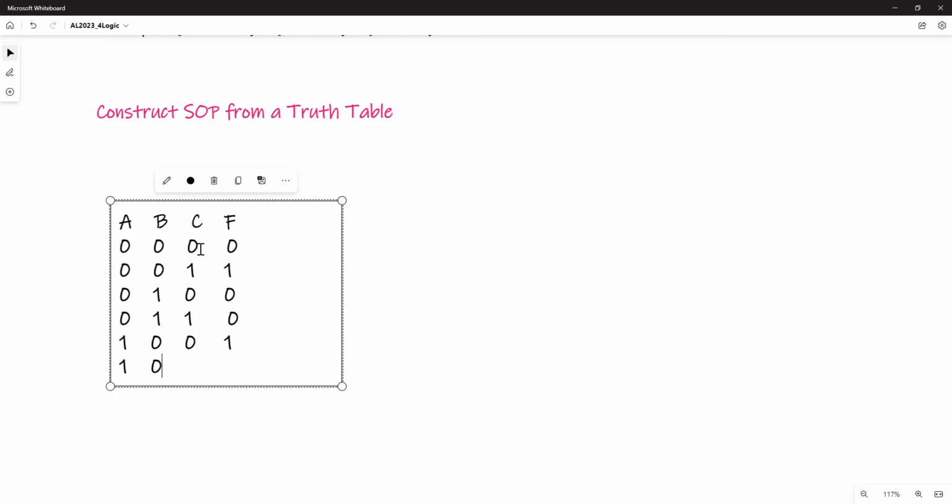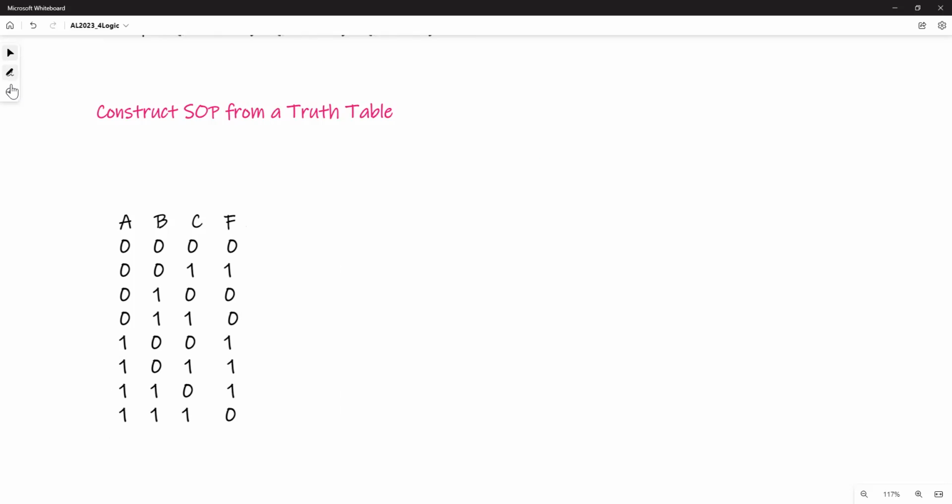So 1, 0, 1, that is, we'll have 1. Then we have 1, 1, 0. Then let's say the outcome is also 1, and finally 1, 1, 1, 1. So here is what we have.